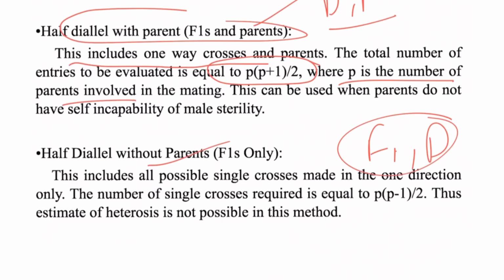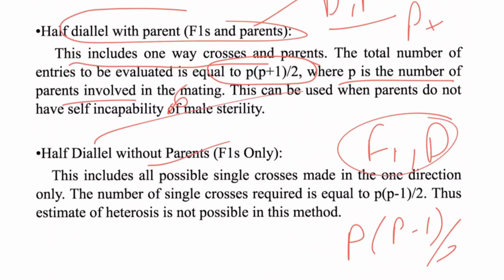This is used when parents do not have self incompatibility or male sterility. Now for half diallel without parents, the formula is p(p minus 1)/2, while with parents it is p(p plus 1)/2. So these are the formulas for estimating the half diallel with parents and without parents.